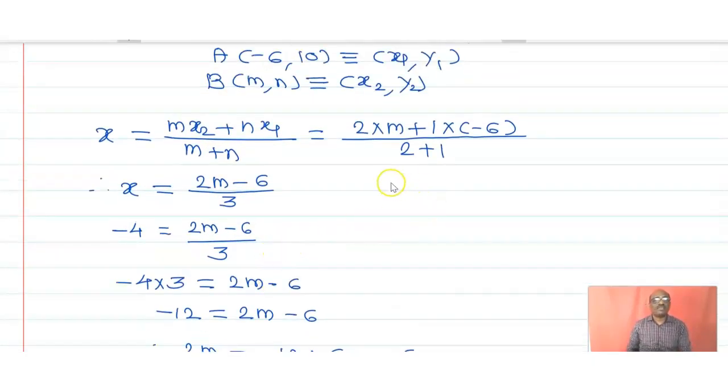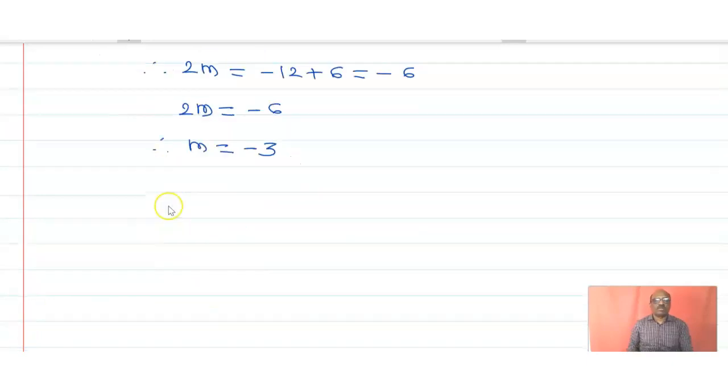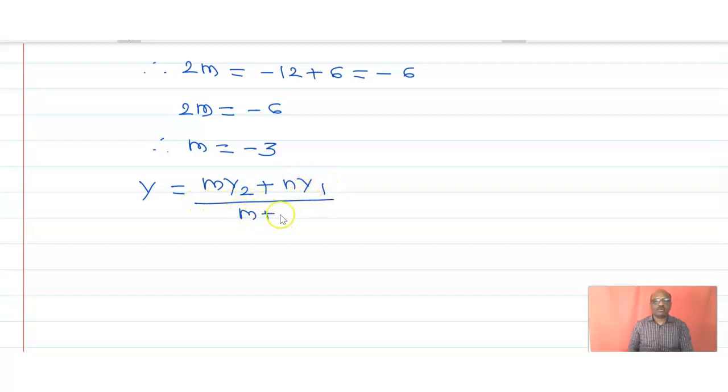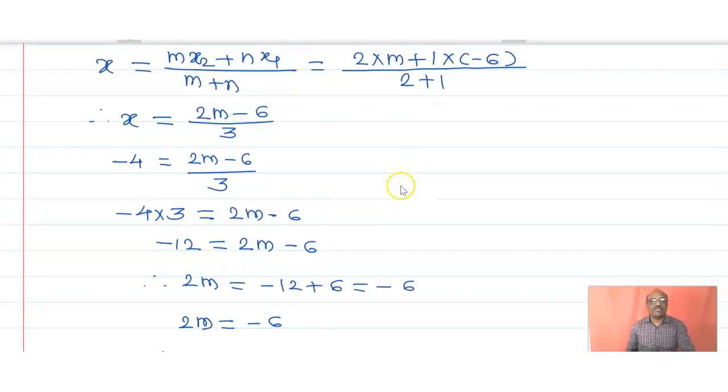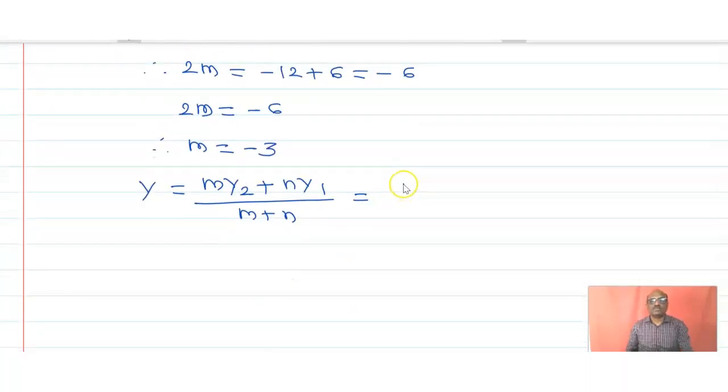Simultaneously we will find out its y coordinate, and what is its formula? Now for the y coordinate, the formula is m y2 plus n y1 upon m plus n. Okay, again we have been given the ratio 2:1, therefore m is 2 there, m value 2.